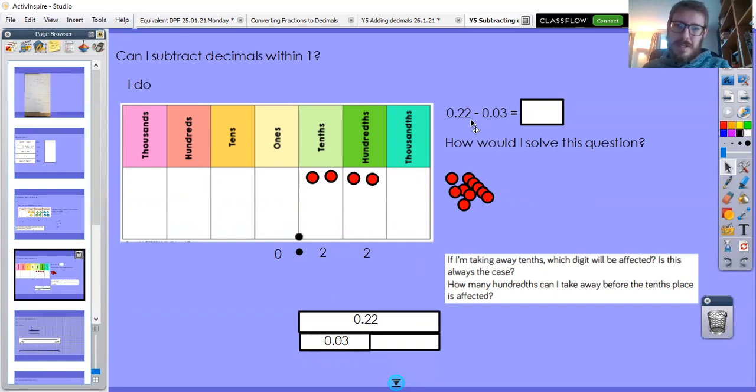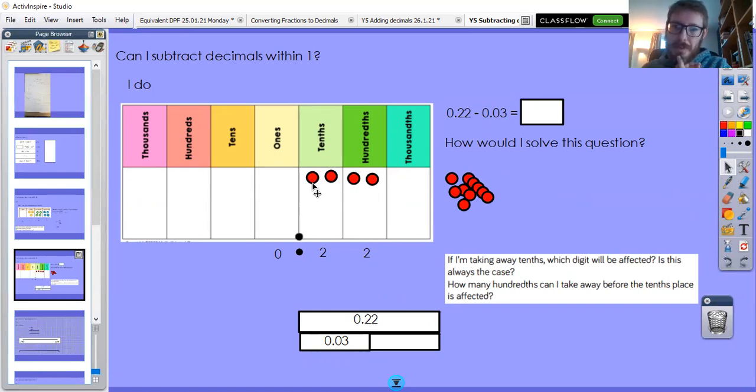So if I've got this question here, 0.22 take away 0.03, I'm going to represent it in a place value chart. Here I've got 0.22, and I'm going to take away 0.03. The problem is I've only got 2 hundredths here, but I need to take away 3 hundredths.